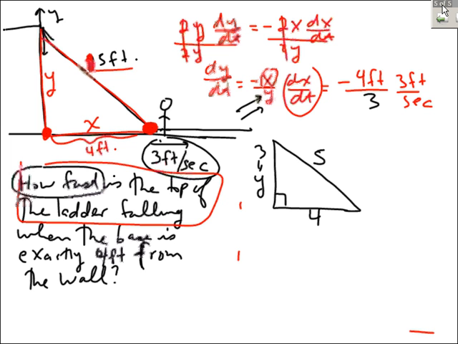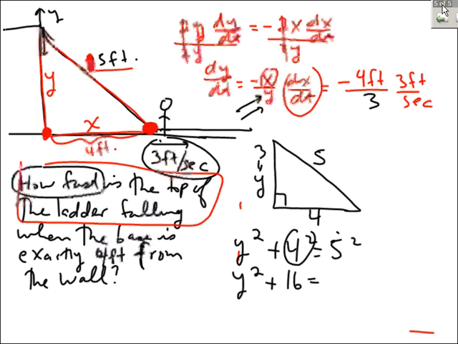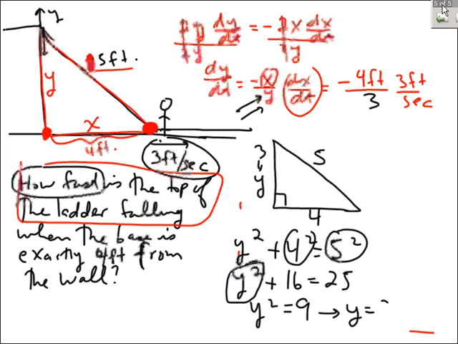If you're not that quick, you would say, Pythagoras would say y squared plus 4 squared is 5 squared. 4 squared is 16, and 5 squared is 25. That must be 9. 9 plus 16 is 25. Y squared must be 9, which means y is 3.